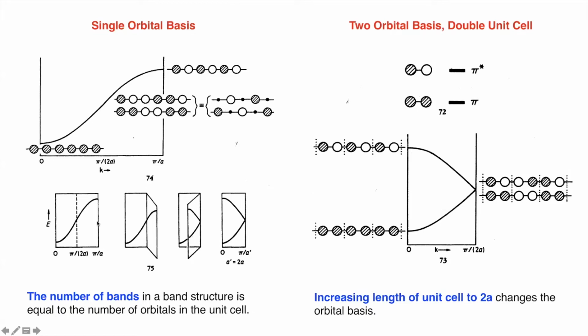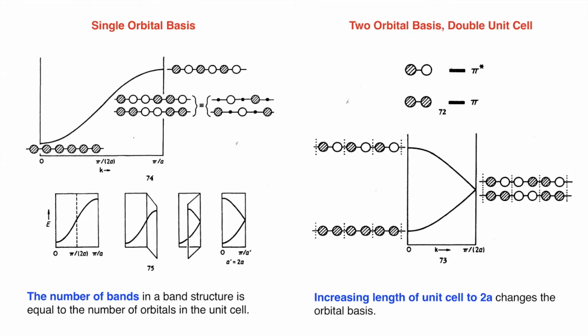And Hoffman says, this is kind of like drawing out the single orbital basis function on a page and folding it in half. It gives you a different looking diagram folded in half at this new value of the unit cell dimension, which is twice the original one, okay?